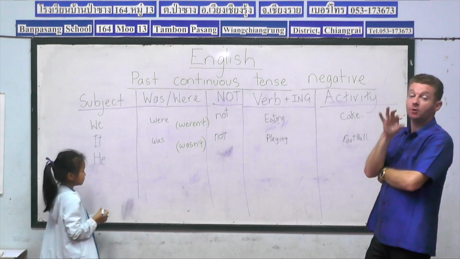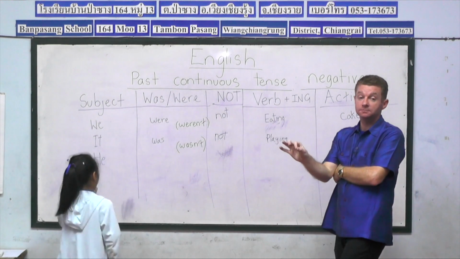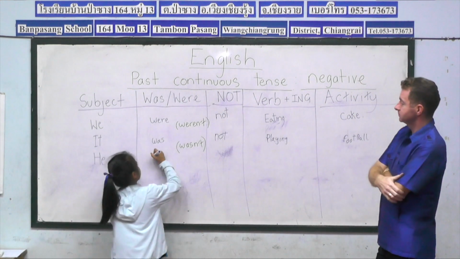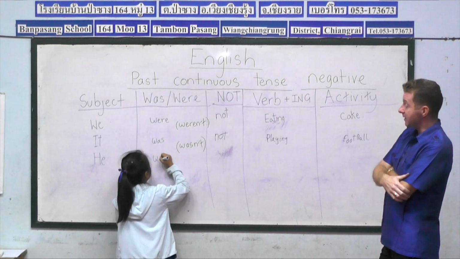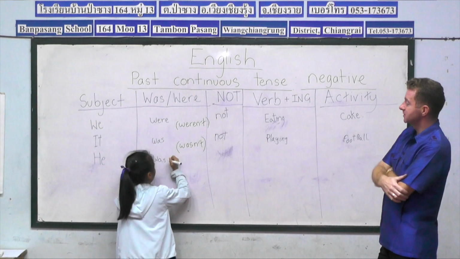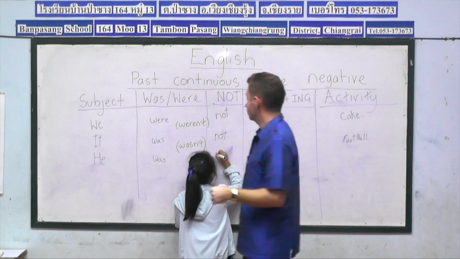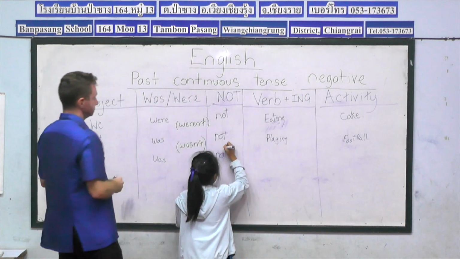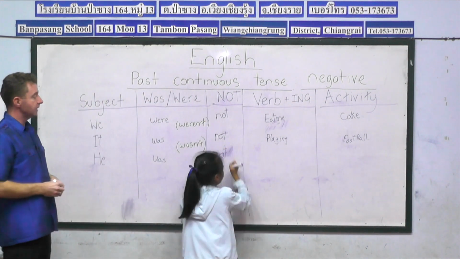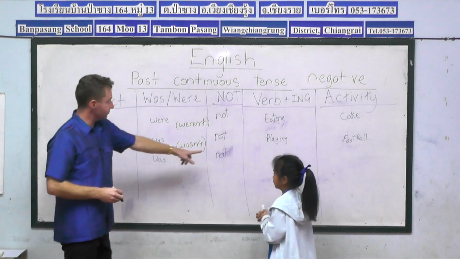He. Okay, so he were or he was? He was. A-S. And then not. He was not. And if we want to use the contraction of was not, what can we say?